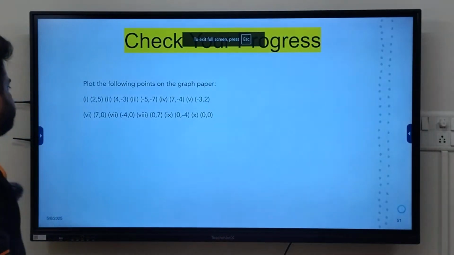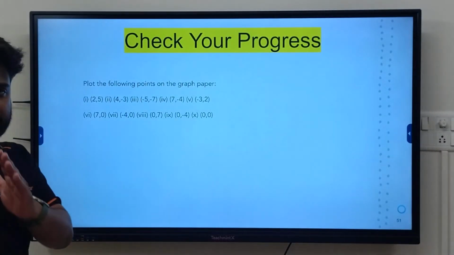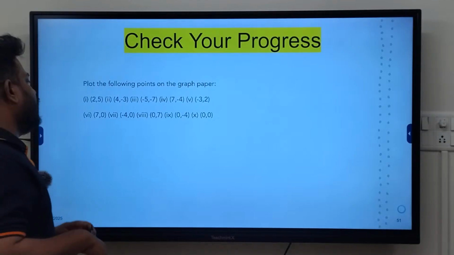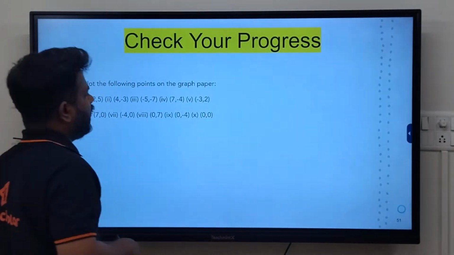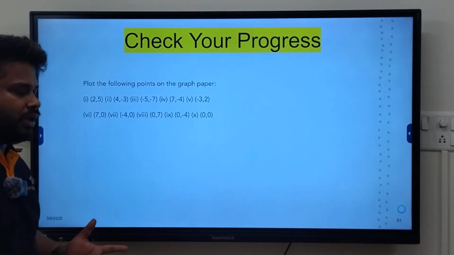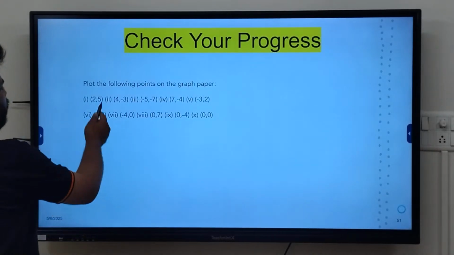Now let's do some practice questions. Plot the following points on the graph paper. You guys can do all the questions at home on graph paper, and there are also many questions given in the app's homework, so you can try all of these. So plot the following points.